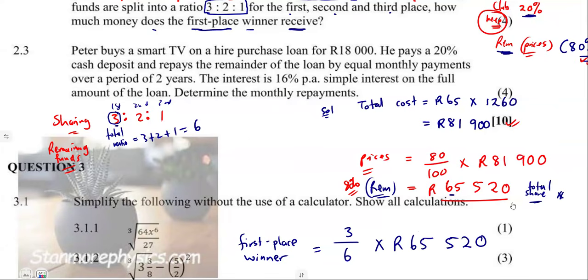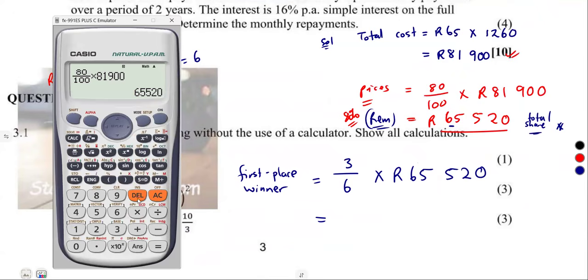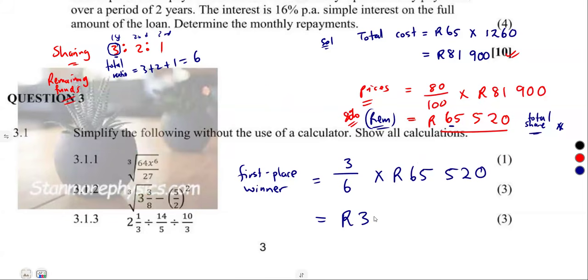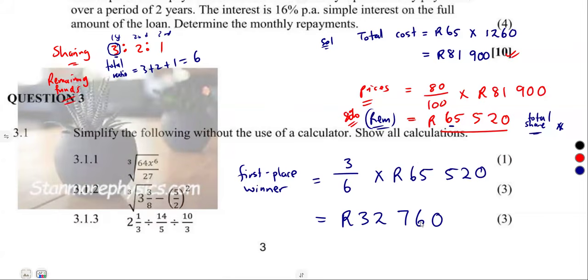65,520. So this is what the first prize winner is going to get. 3 over 6 times what? 65,520. So simply multiply by 3 over 6. So that was going to give us what? 32,760, sorry, 760.